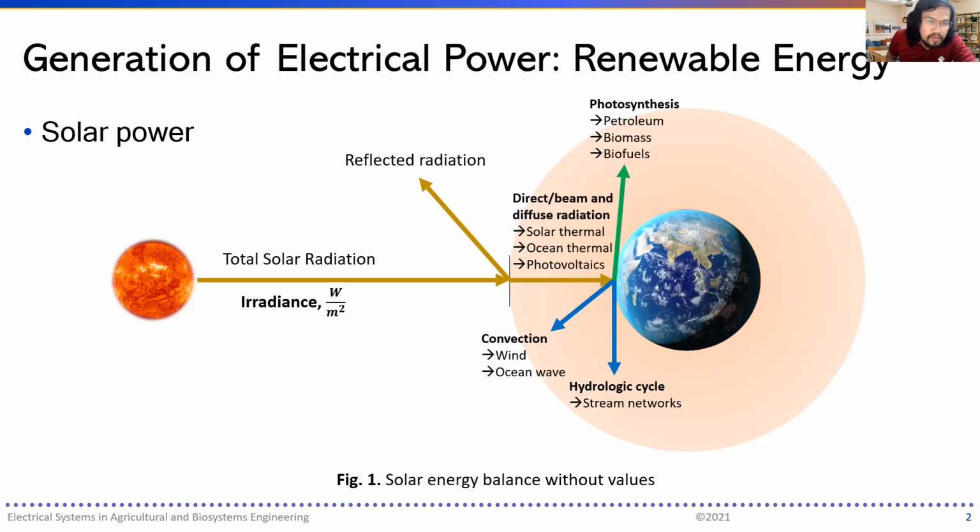An important factor in the total solar radiation is the total available value of solar radiation available to the Earth, and it's actually 1363 watts per m squared. This is the solar constant.